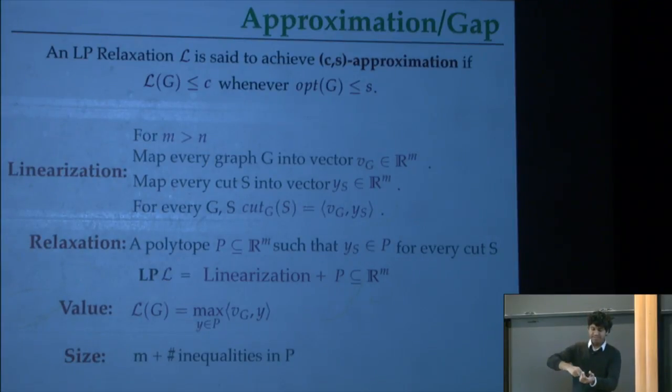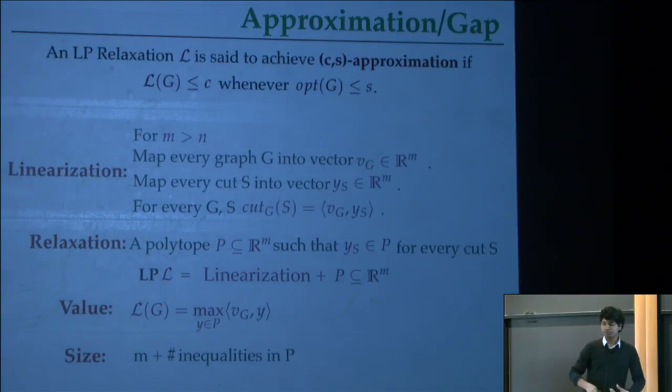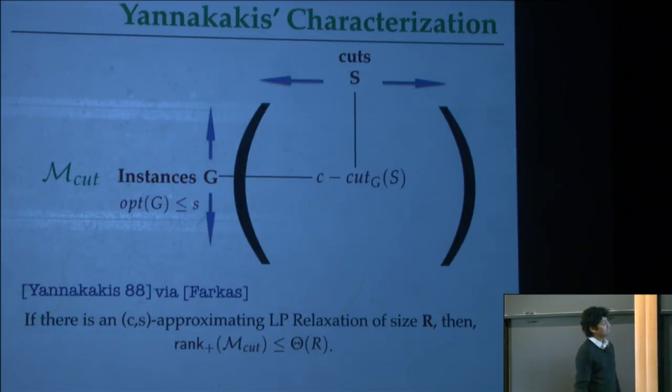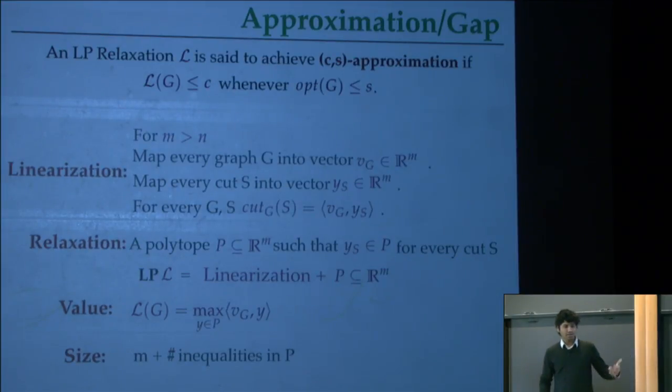The linearizations of all possible solutions were always included in our polytope. So c cannot be less than s. And the closer c is to s, the better the LP in some sense. That's what a linear program for CSP or the max cut problem means to us.